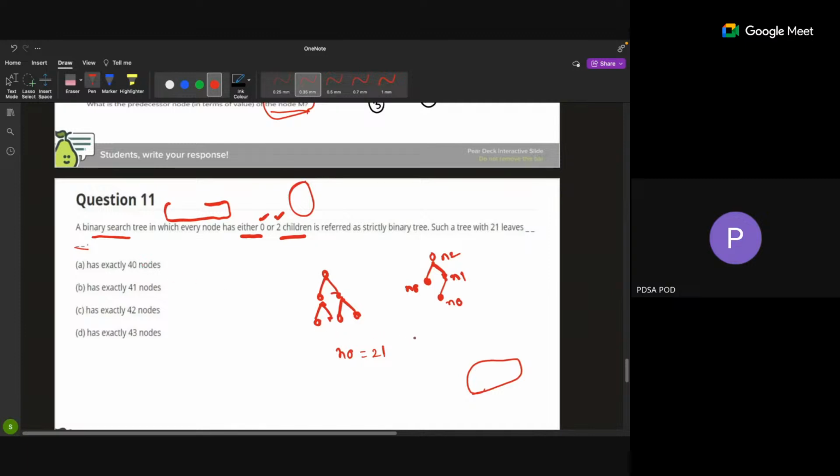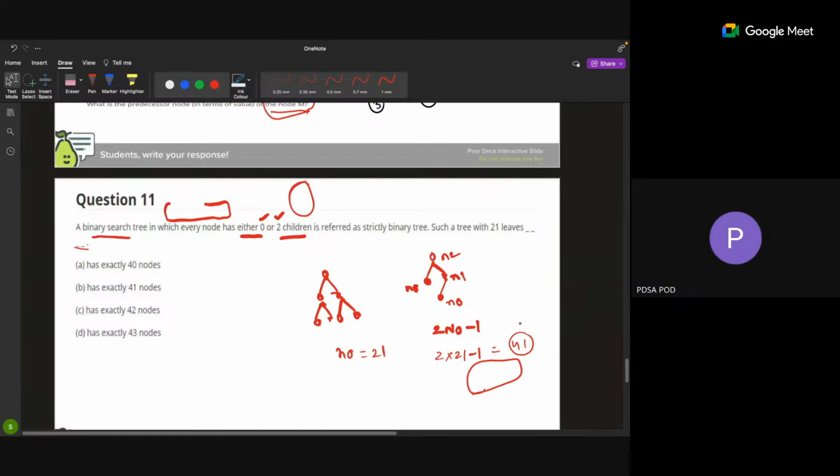So the number of nodes we want to find out is very simple: 2 into N0 minus 1. So what is this N0? It's the number of leaves. So already we got that number of leaves as 21. So 2 into 21 minus 1 is going to be 41. 41.